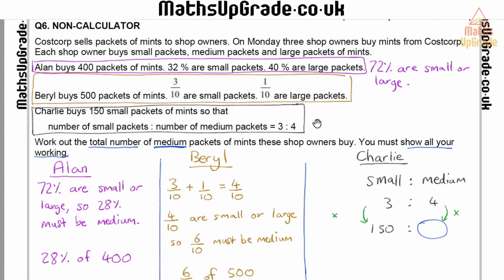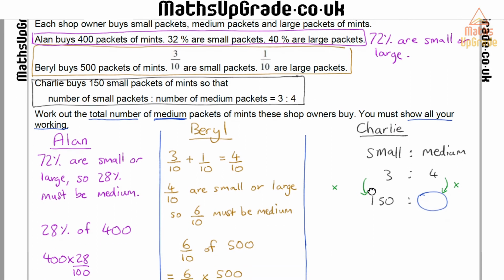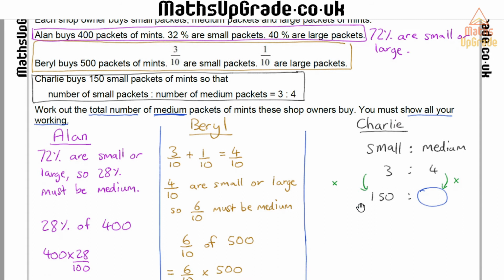I've outlined Alan's information in purple, Beryl's in brown, and Charlie's in black.